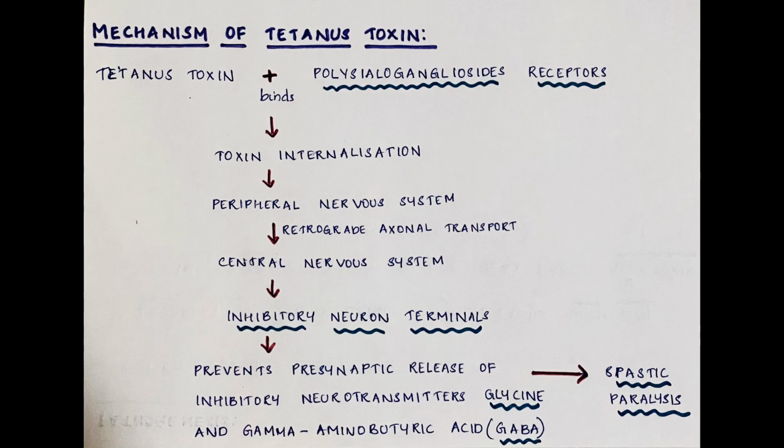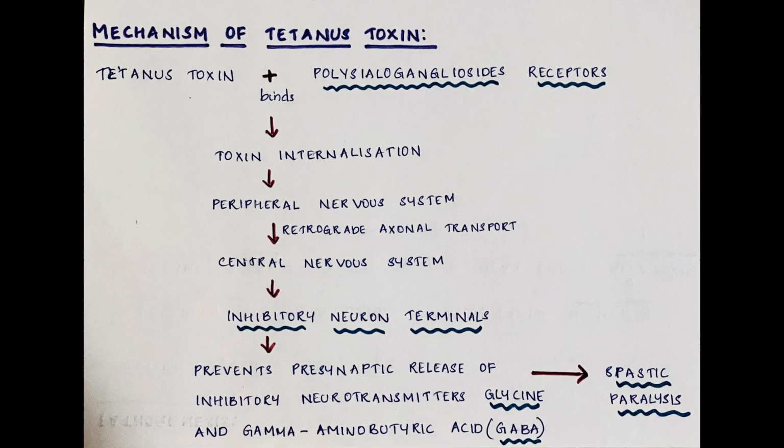Once the toxin is internalized, it gets transported from the peripheral nervous system to the central nervous system by retrograde axonal transport. When the tetanus toxin reaches the inhibitory neuron terminals, it will prevent the presynaptic release of inhibitory neurotransmitters glycine and gamma aminobutyric acid.